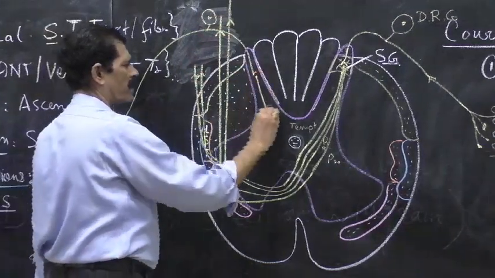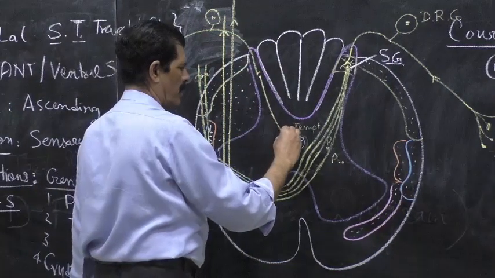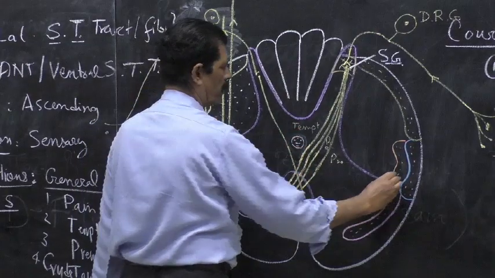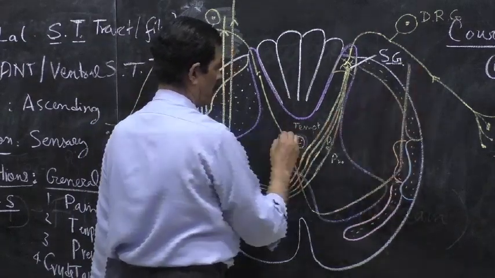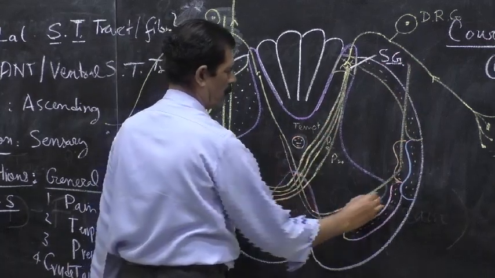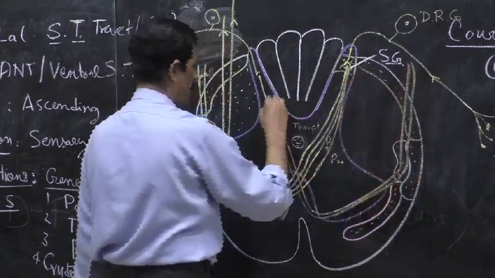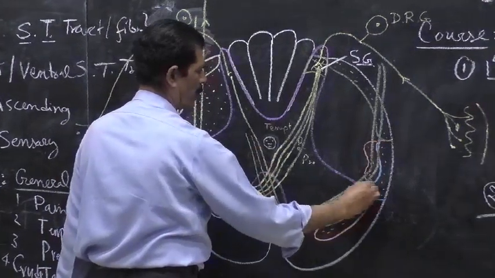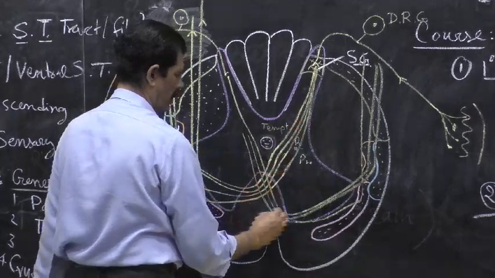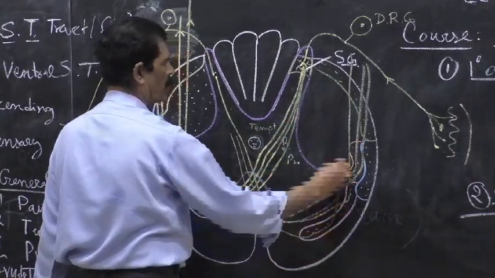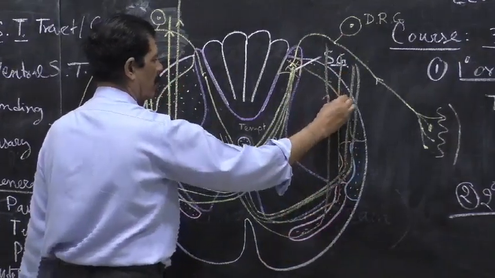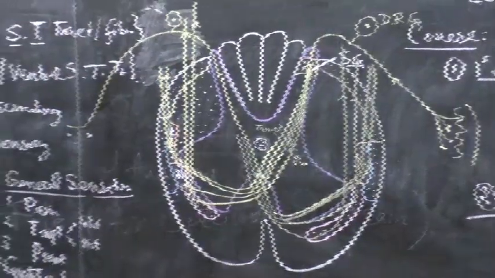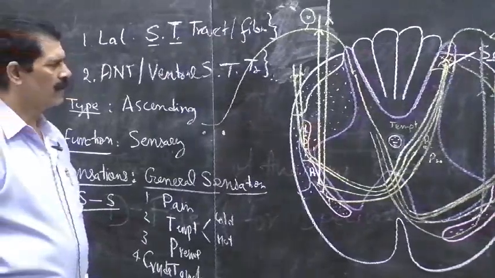And the fibers are crossing and going to the opposite side. Pain and temperature in the lateral, and touch and pressure in the anterior. So their crossing of the fibers occurs here, anterior to the central canal.